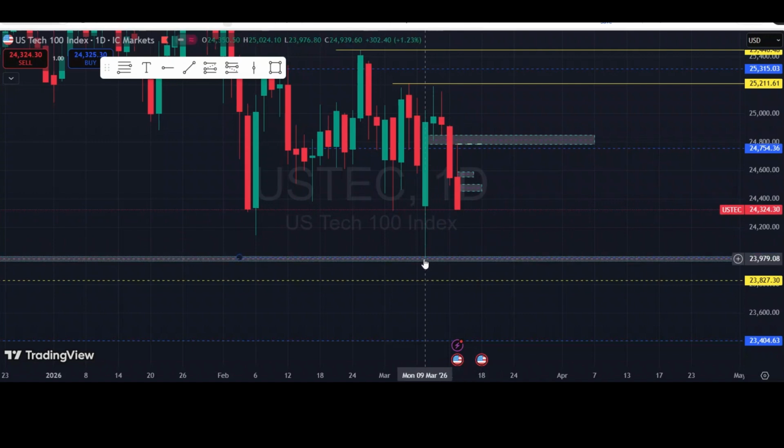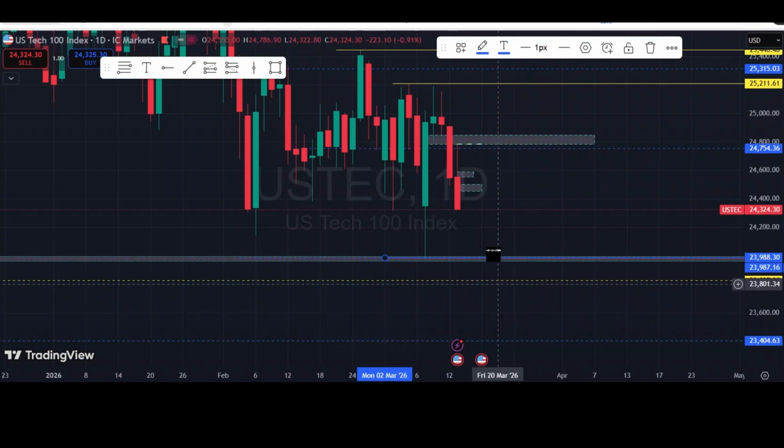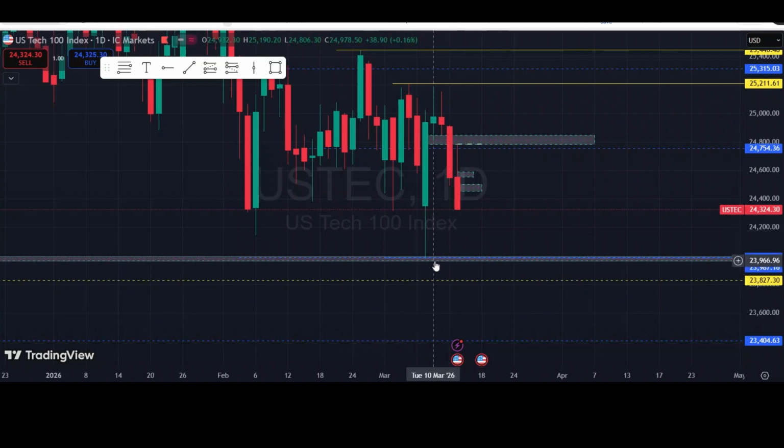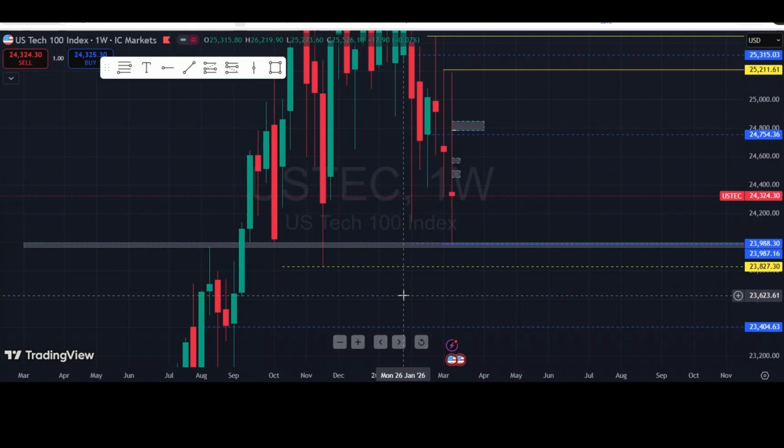On the monthly, that particular low is at 23,988.3, which is also the fair value gap. If it continues down, our next target would be this particular yellow line, which is 23,827.8, a low on the weekly also.